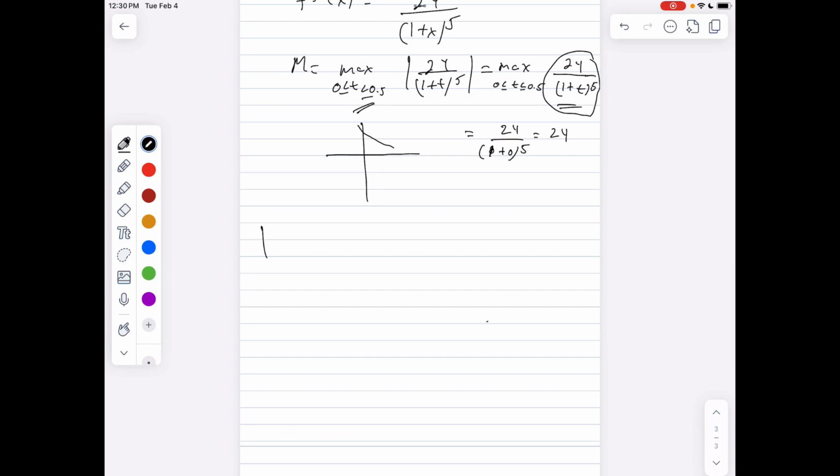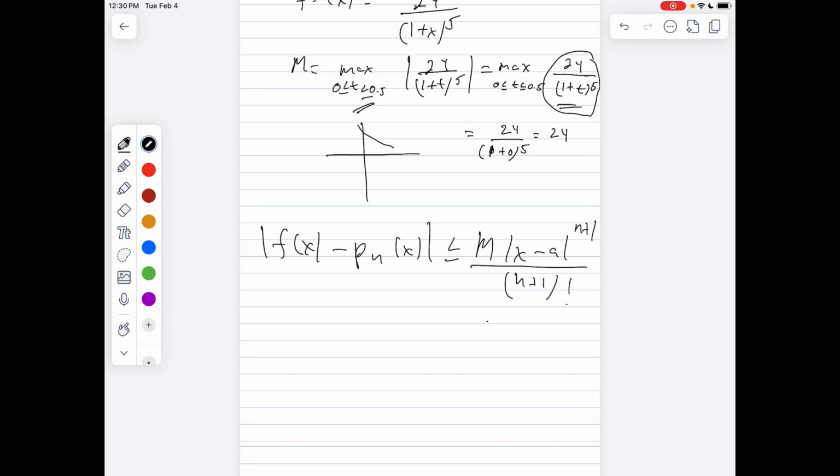So if we go to the formula again, |f of x minus P_n of x| is less than or equal to M times |x minus a| to the n plus 1 over (n plus 1) factorial. And if we were to plug everything in, |f of 0.05 minus P_4 of 0.05| is less than or equal to M, which is 24, x was 0.05, a was 0, so 0.05 minus 0 is just 0.05, n was 4, so 4 plus 1, 5, over 5 factorial.